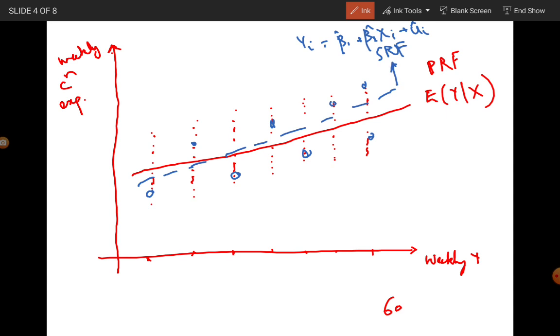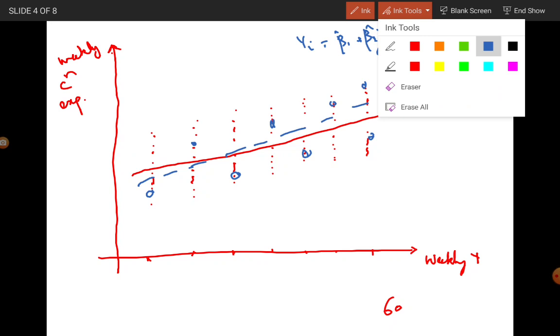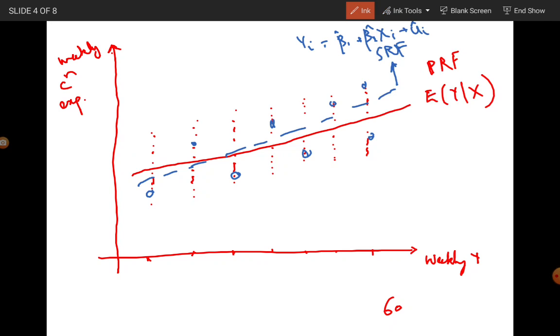Based on the sample regression function, you can think of two types of prediction. I'm using a third color, maybe green. You can try and predict the conditional or the mean value of y given x equals x naught, right?